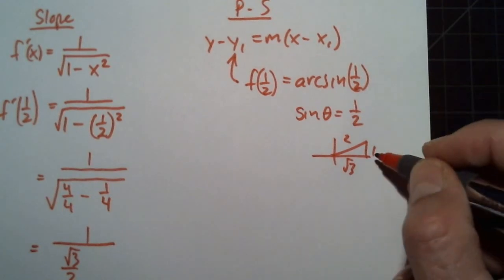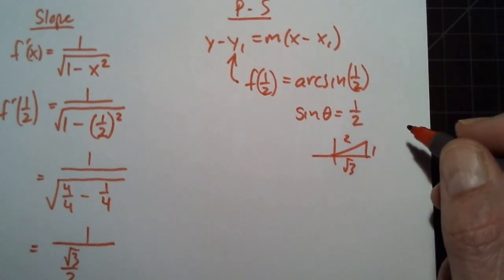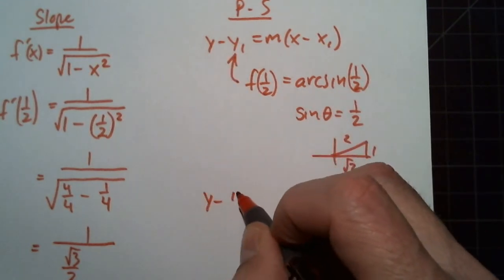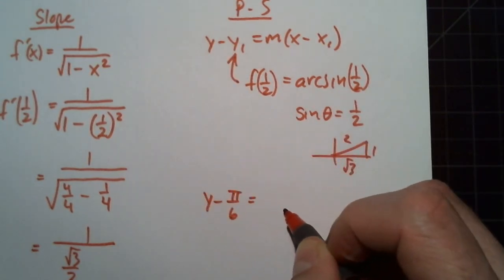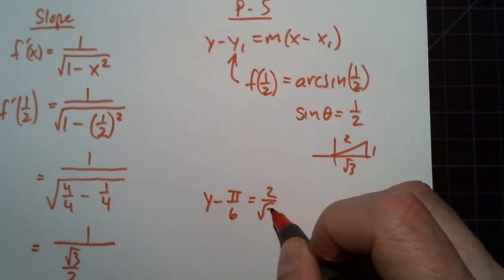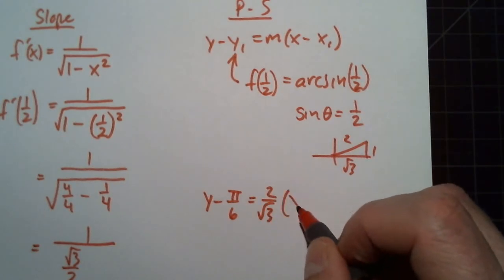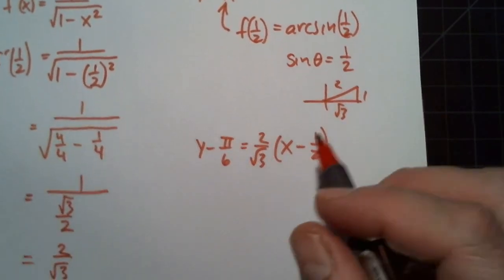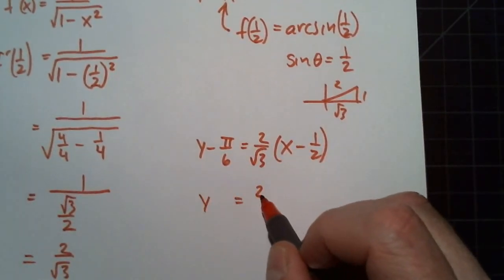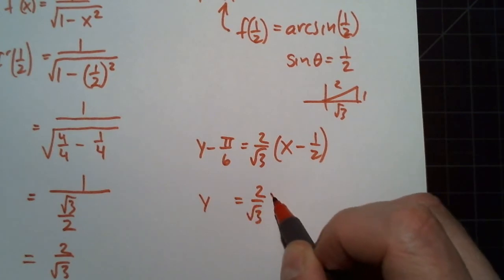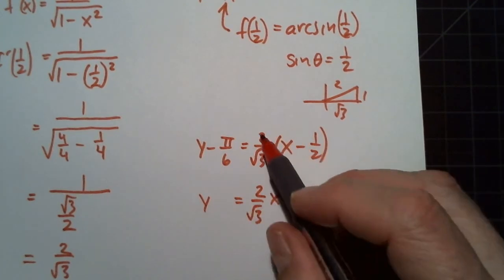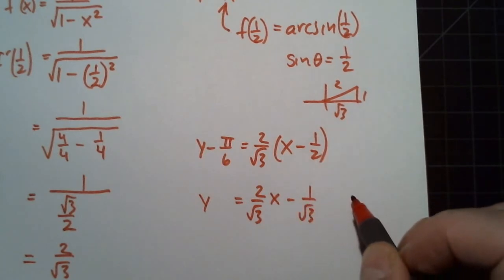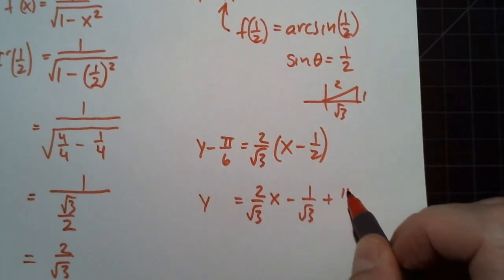We can't use 30 degrees, let's use pi over 6. So we know that that's pi over 6. The slope that we found was 2 over radical 3 times x minus 1/2. When you distribute there, the 2's cancel. We have 1 over radical 3, and then we'll just add pi over 6.